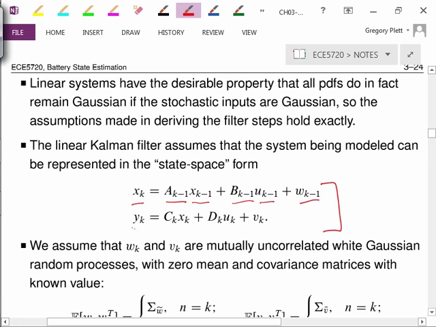And the output that we measure, y, is some matrix times the state plus some matrix times the input plus some measurement noise. This is not too different from our battery model, and our battery model is fairly linear, but it is not exactly linear, so we're going to do actually quite a bit better with nonlinear Kalman filters later on.